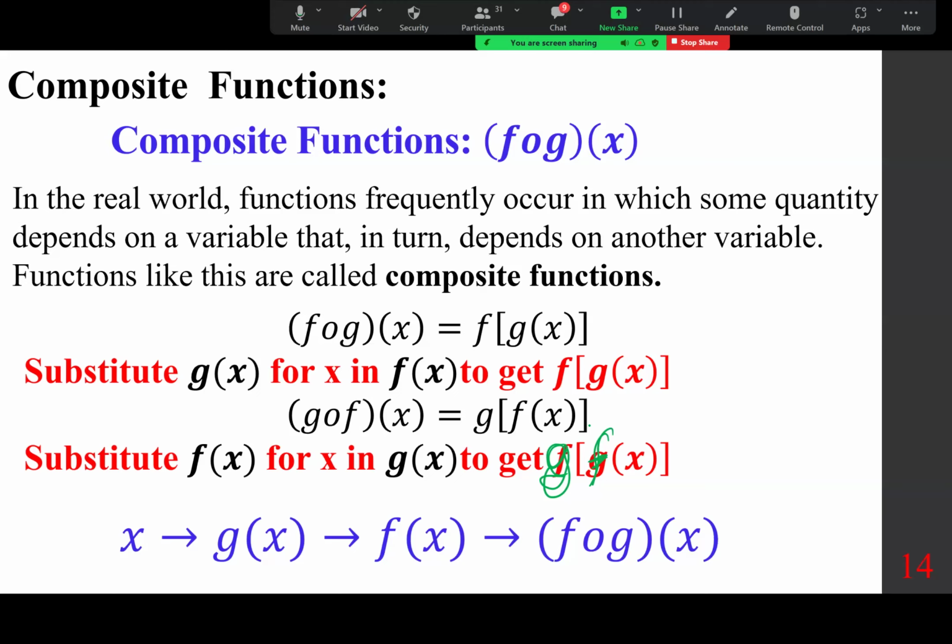And generally speaking, f of g and g of f are not the same. They become the same when they are inverse functions, everybody. When f and g are inverse functions, they become the same. Otherwise, they are not. It's important to know that.